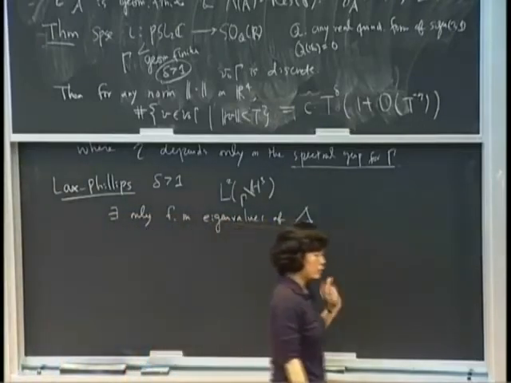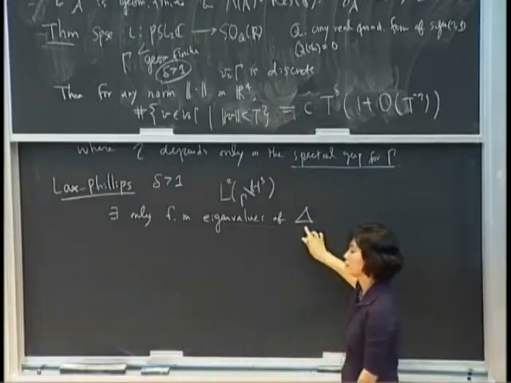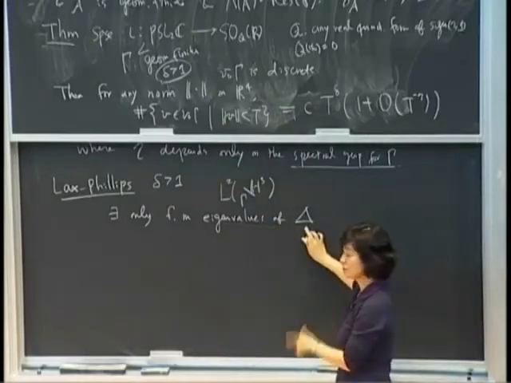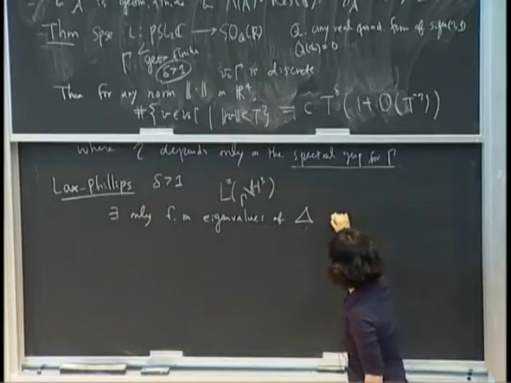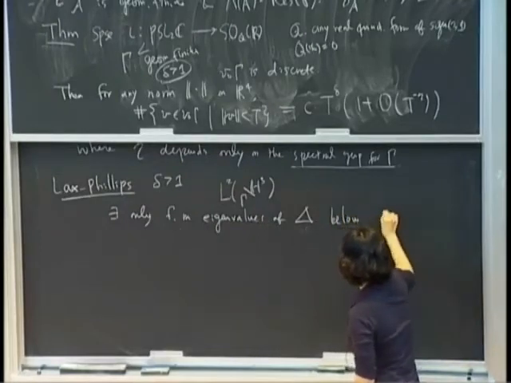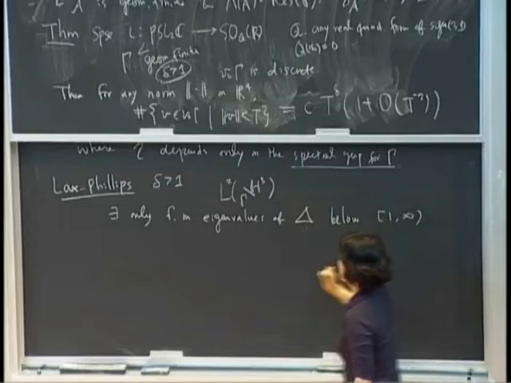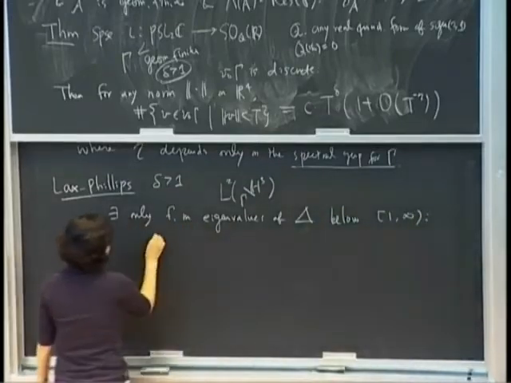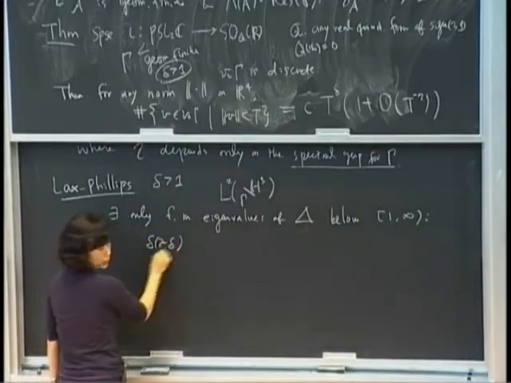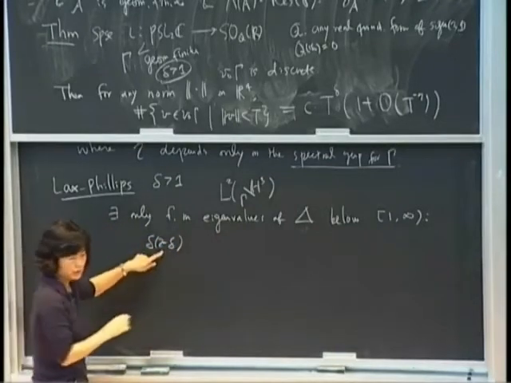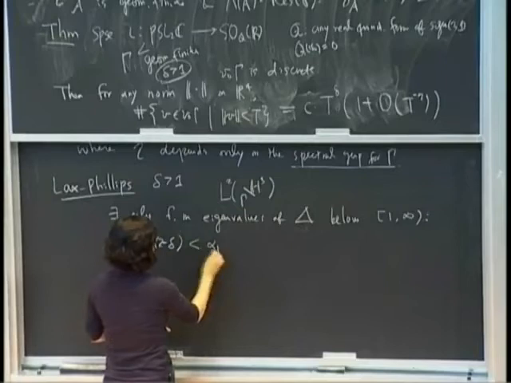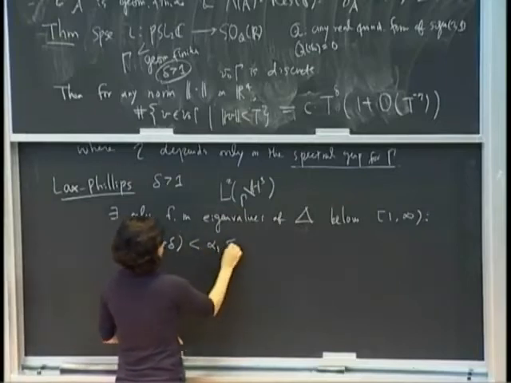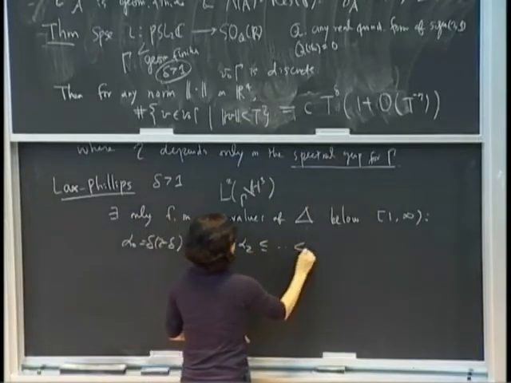Actually, we want eigenvalues to be positive, so it's the negative of the usual hyperbolic Laplacian. These lie below the continuous spectrum 1 to infinity. The smallest is always given by delta times 2 minus delta, and this eigenvalue is always simple. So let's call this alpha 0, and then alpha 1, alpha 2, and up to alpha m.